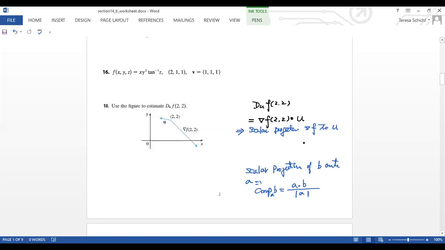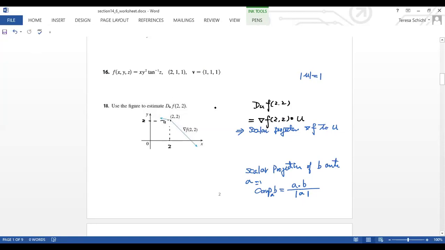Where is this A? A is the u, so its length is 1, because we say it has to be a unit vector. Okay, so now let's see what that means. How do I find the value here? So this one is a 2, 2. So this is 2, and this is 2, right? So this distance is 2.